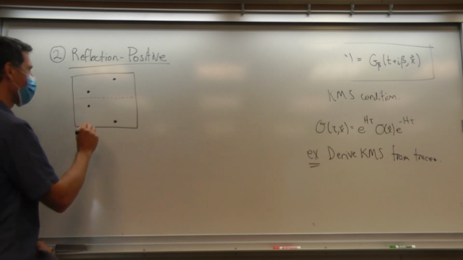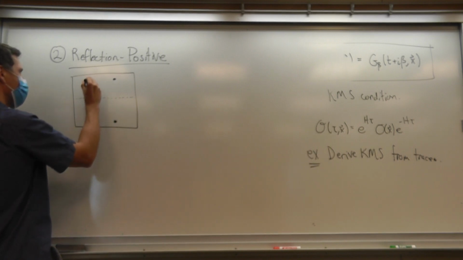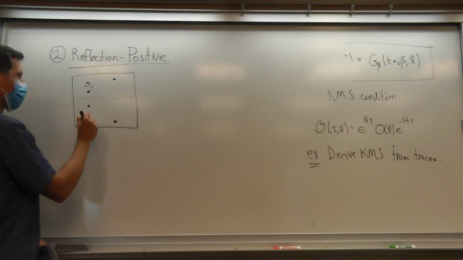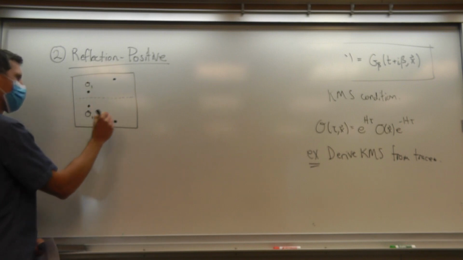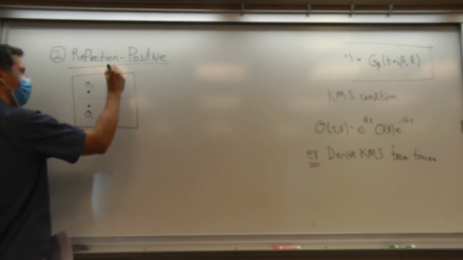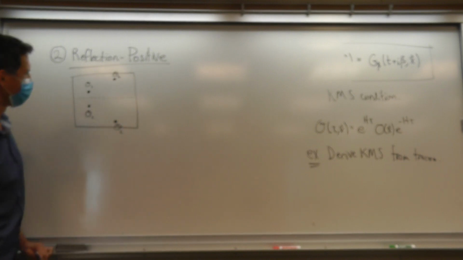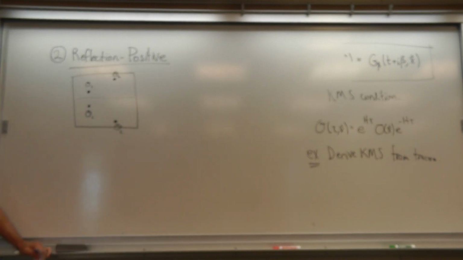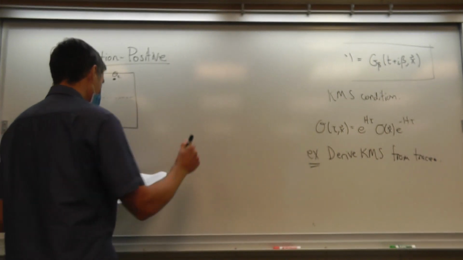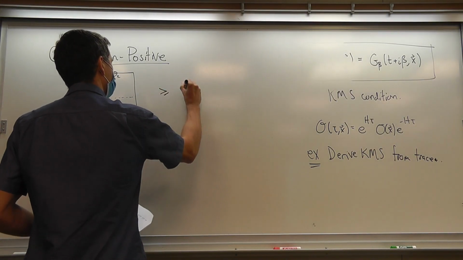I should probably give these operators names just to be clear. Like if this is O1, then this had better also be O1. If this is O2, this had better also be O2. And I'm assuming that these operators are Hermitian operators. This is reflection symmetric, and therefore the correlation function must be non-negative.